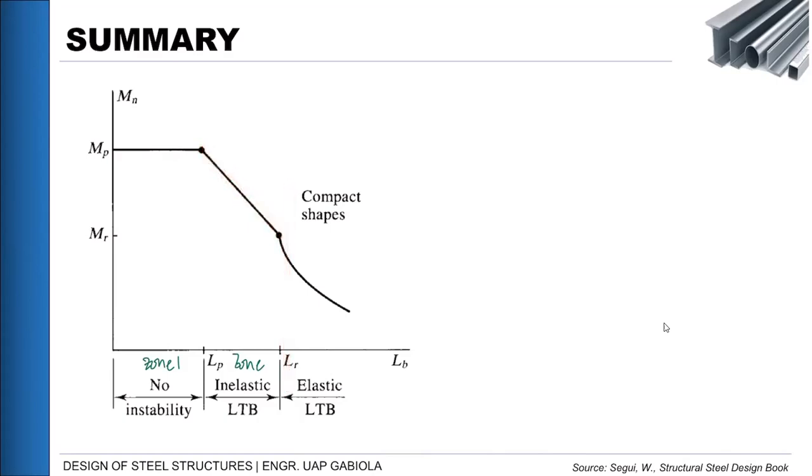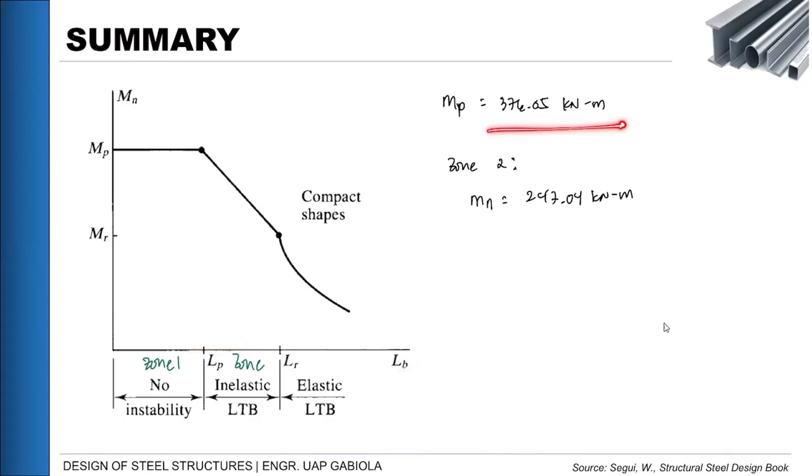Na mapapansin natin from our example, yung MP natin from previous example is 376.05. So ito yung capacity niya nung fully restrained siya. Ngayon, nung pumasok siya sa zone 2, yung naging capacity natin ng MN ay 247.04 kilonewton meter. Kasi nga, nandito na somewhere yung LB natin, yung unbraced length natin.